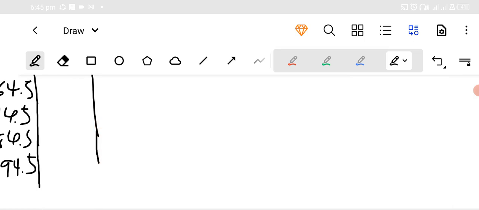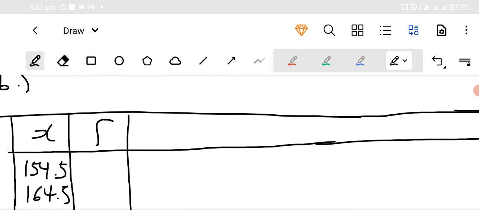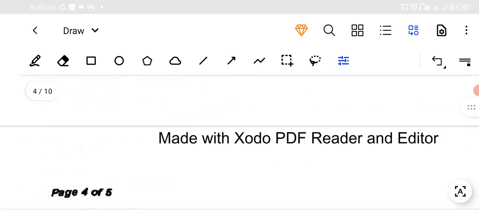Also extend accordingly, frequency column. So the corresponding frequencies, we just get the numbers as they are.